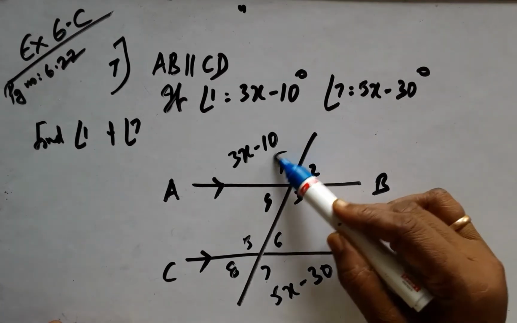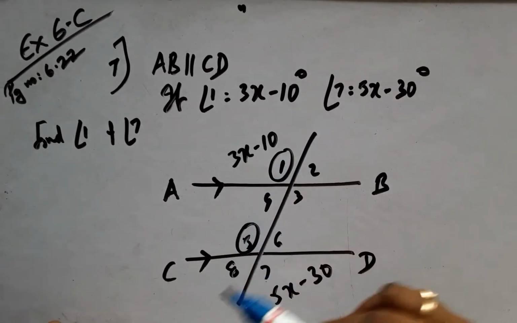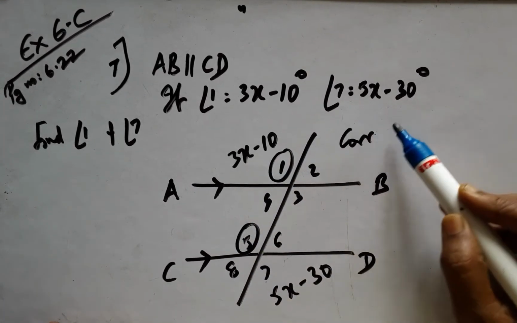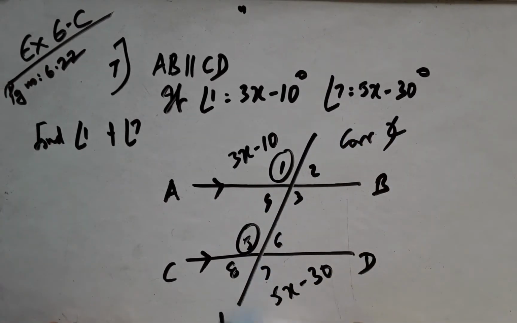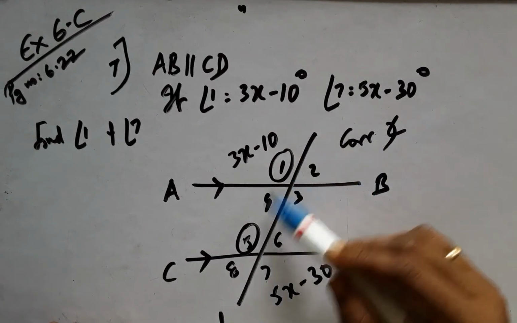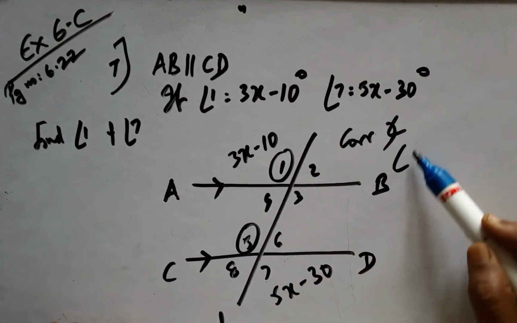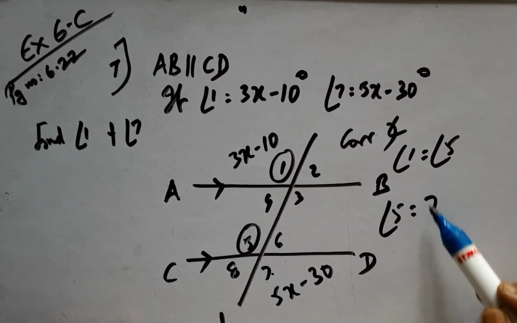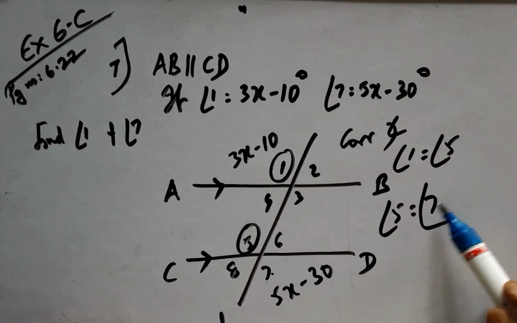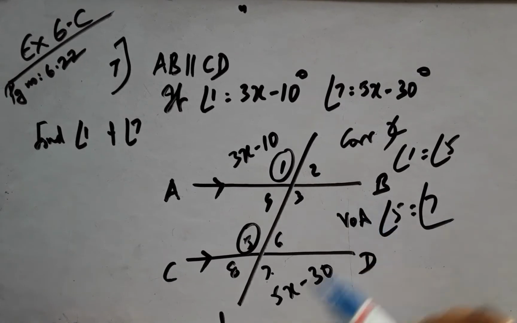As you can see, angle 1 and angle 5 are corresponding angles for AB parallel to CD with transversal L. Therefore, they are equal. Now, angle 1 equals angle 5. The second thing, angle 5 equals angle 7, being vertically opposite angles.